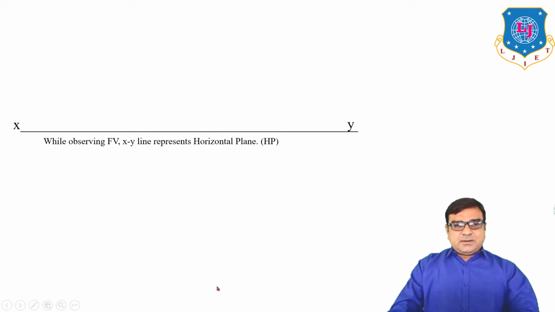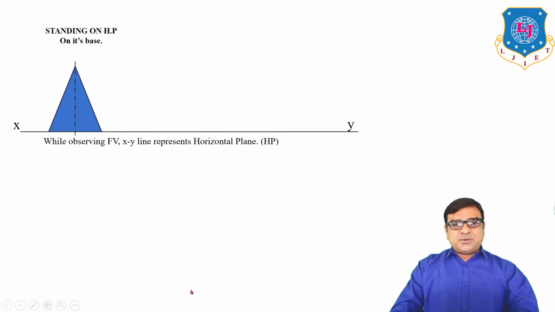The first position: if you take a solid cone resting on HP like this, standing on HP on its base, it means the base of the cone is in HP and the axis is perpendicular to HP and parallel to VP. So at that time your front view looks like this.